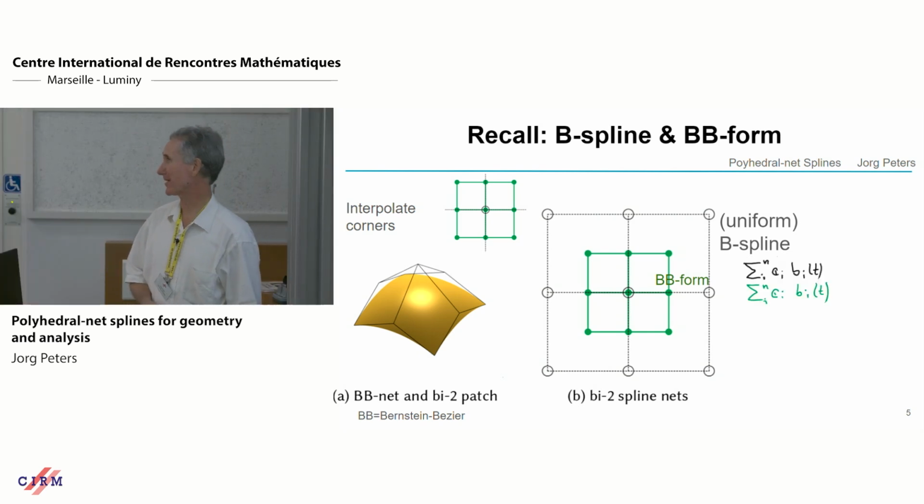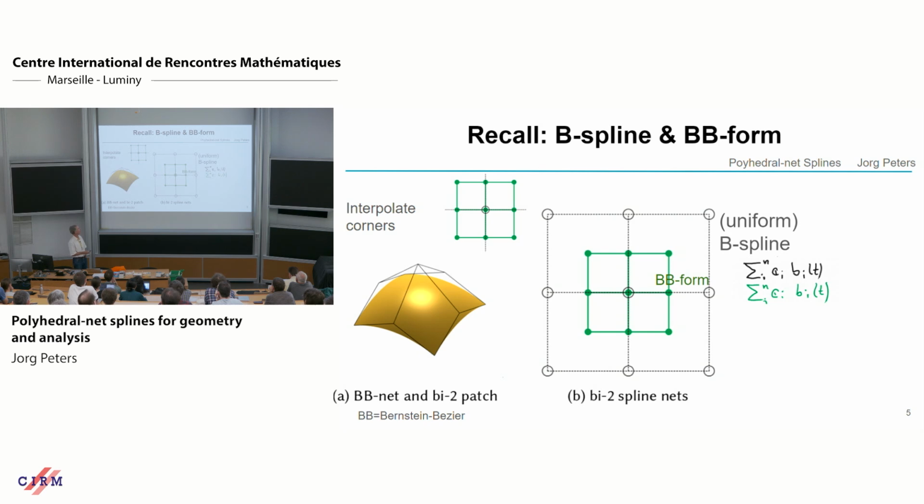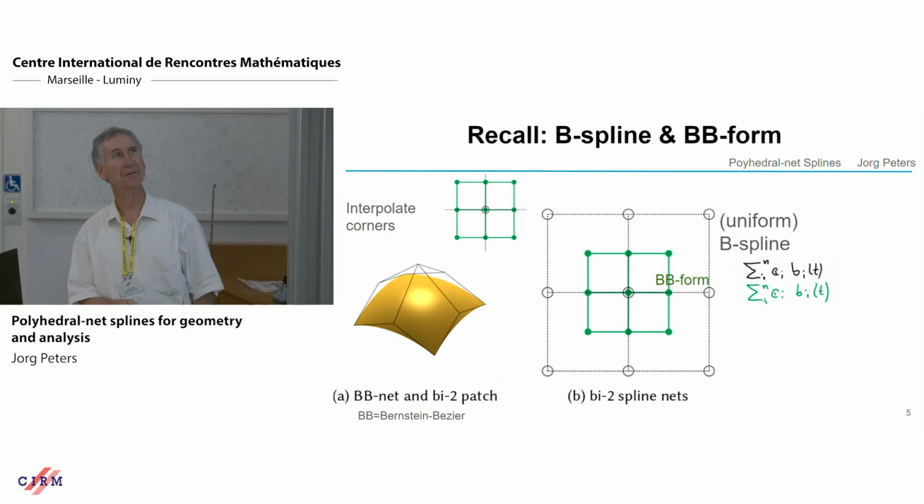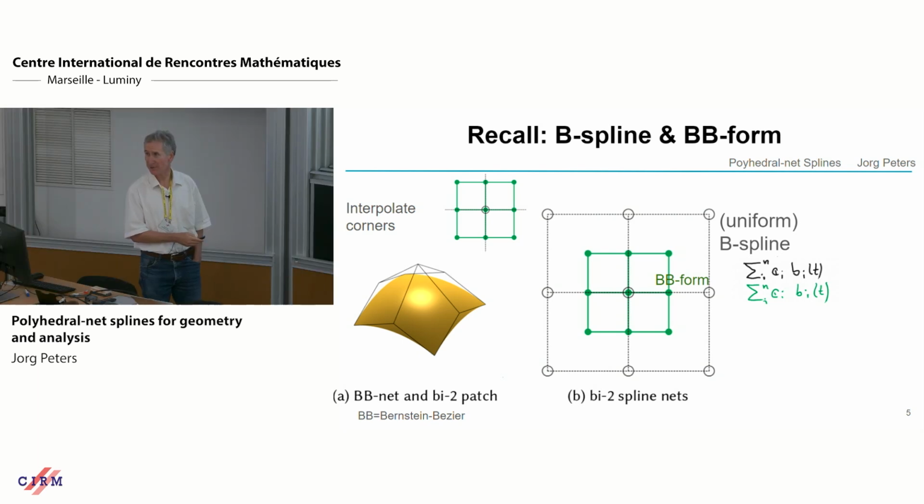Mathematically speaking, we have to have at least one formula in this talk. The B-spline looks like a sum over coefficients, these guys, they're gray, times some basis functions, which are the B-spline basis functions. B stands for basis, so this is really extra B-spline basis. B-spline means basis spline. This one here, of course, is the Bernstein-Bézier form, looks exactly the same way, but obviously we have a different color.